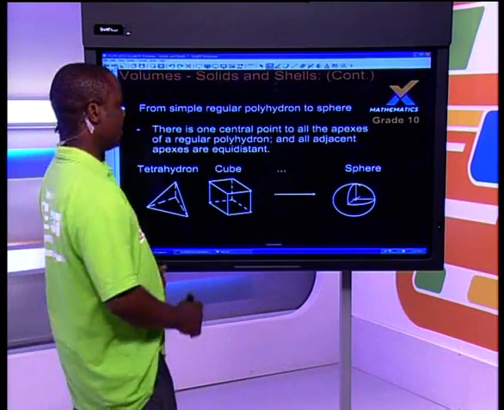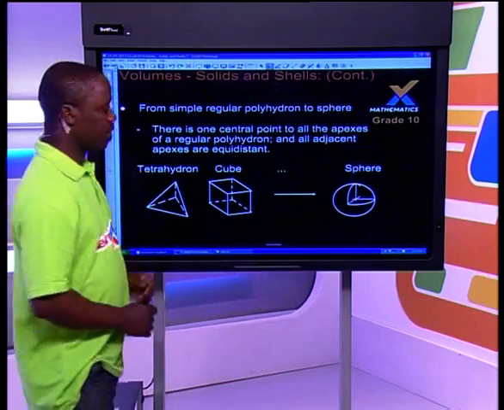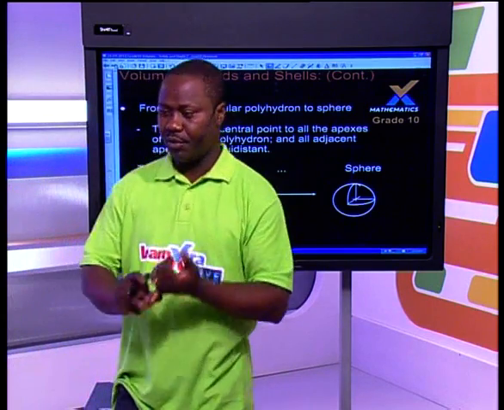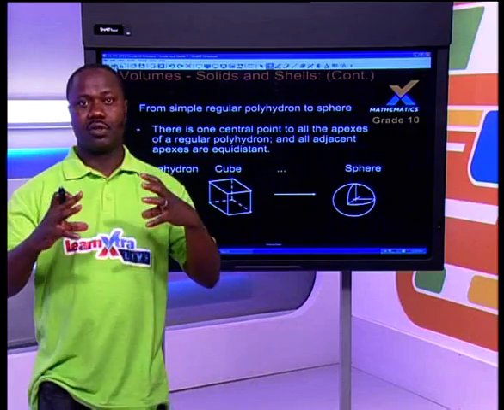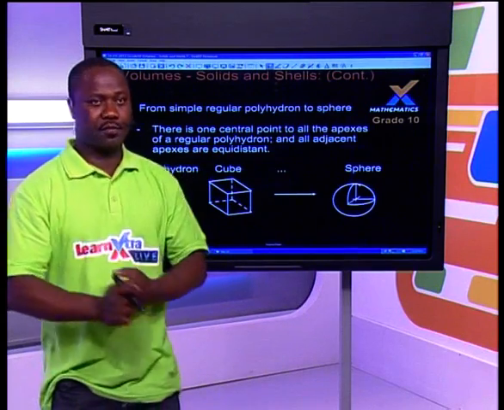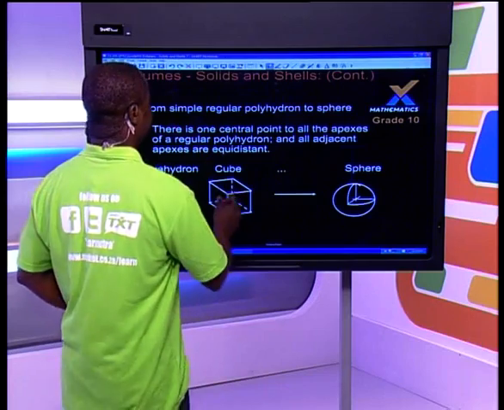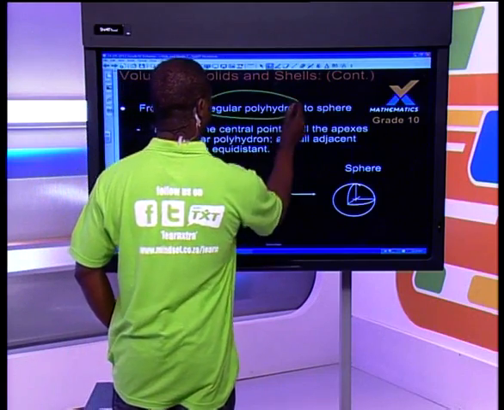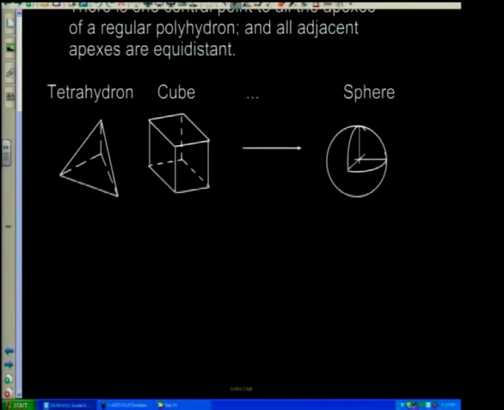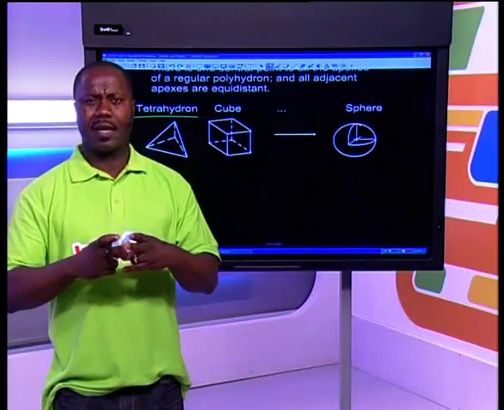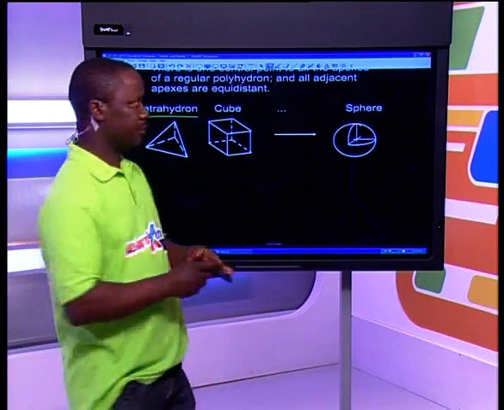Greetings once more. Now we've done the pyramid, we've done the prism. Let's move on to something that will lead us to a sphere. If we take regular polyhedrons, what I've listed here is a tetrahedron. This one is made of triangular surfaces that are equilateral triangles.